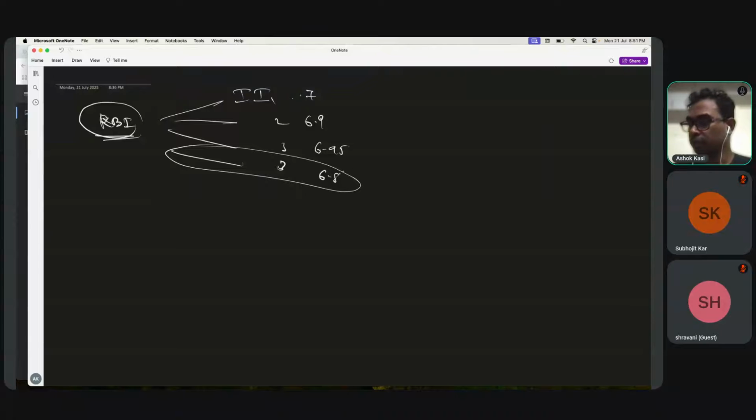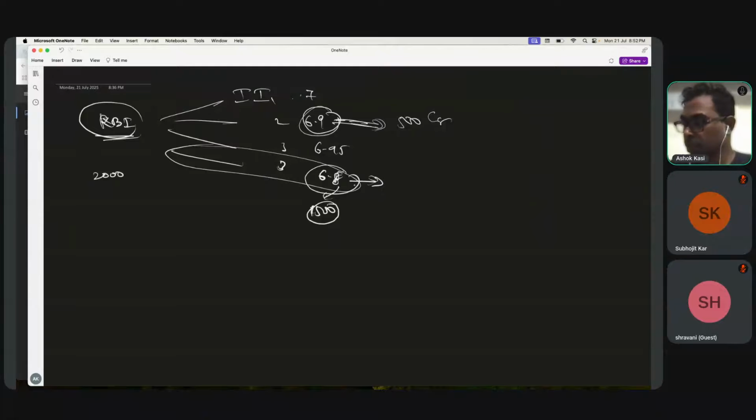But if this guy is not able to lend more, let's say RBI wants 2000 crore and this guy is able to give only 1500 crores, the remaining 500 crores they take from this guy. So from him 500 crores at 6.9 percent, and from him 1500 crore at 6.8 percent. That is called multiple price.